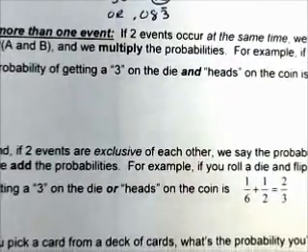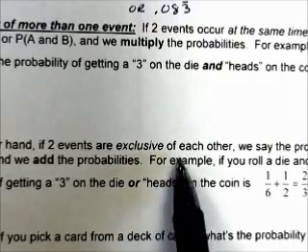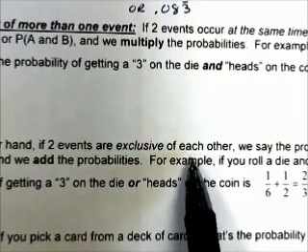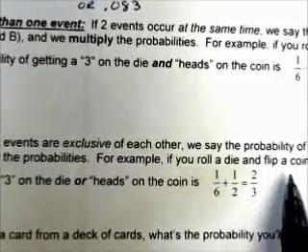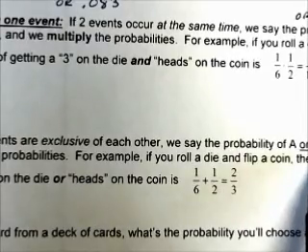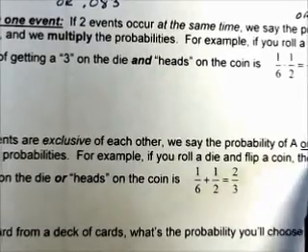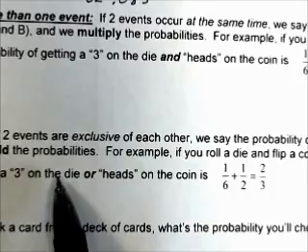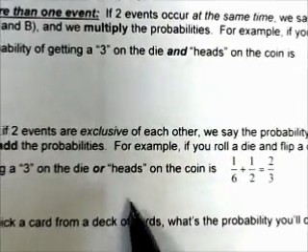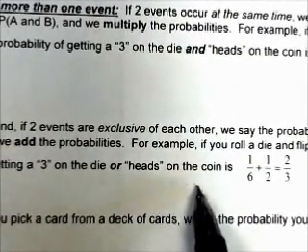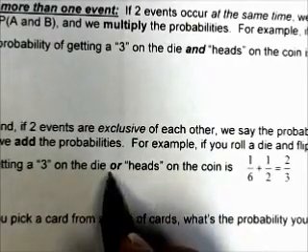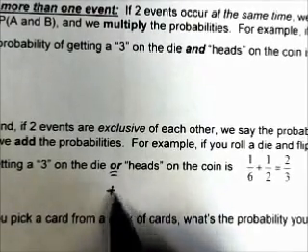On the other hand, if two events are exclusive of each other, we say the probability of A or B. Whenever you see or in probability, we add the probabilities. For example, if you roll a die and flip a coin, the probability of getting a 3 on the die or heads on the coin is, whenever you see or, you are adding.